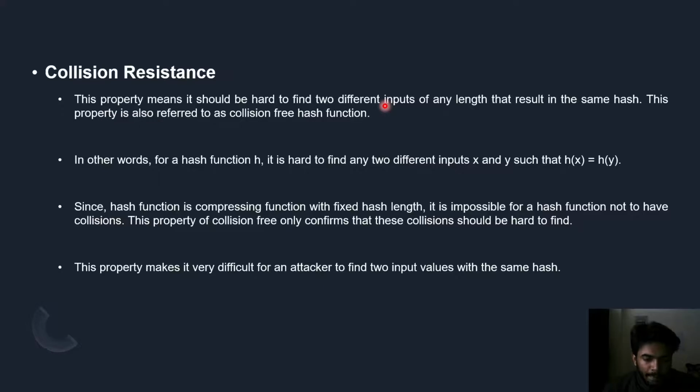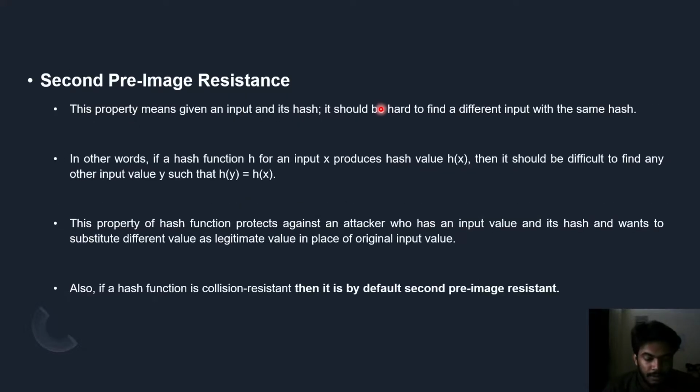In second pre-image resistance, we said that if the input x produces h of x and the input y produces h of y, then they should not be equal. Here we are saying that for any hash value, there should not be two different inputs. The way of saying is different, but the meaning is somewhat the same, or that's what I am comprehending.